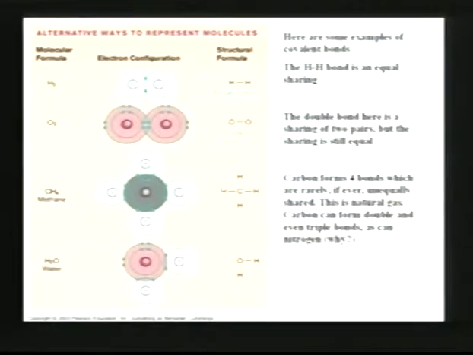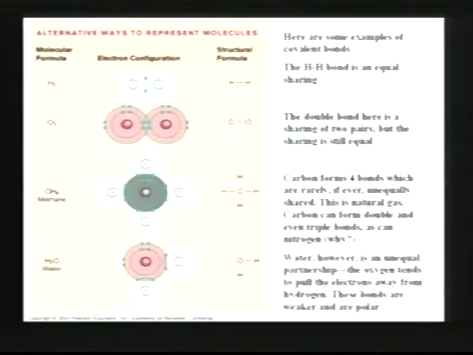All right, now in all of these examples, the first 3 examples, those are all equal sharing. It's an equal partnership. You won't find a charge on these molecules. The 4th one is much different. Water forms an unequal partnership between the oxygen and its single-bonded hydrogens associated with it. Okay?